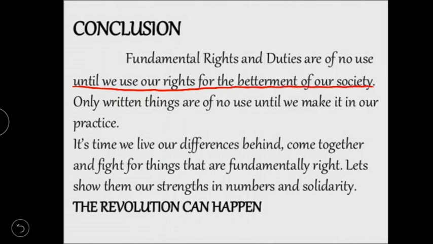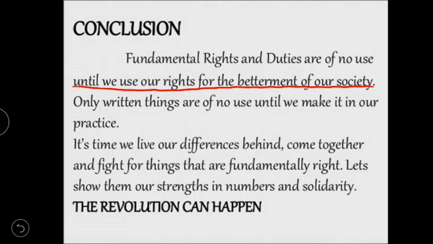Until you work for your society, we will be unable to achieve anything with fundamental rights and fundamental duties. Only written things are of no use until we make them our practice. Understood? Until you bring it into practice, there is no meaning in reading all these things.